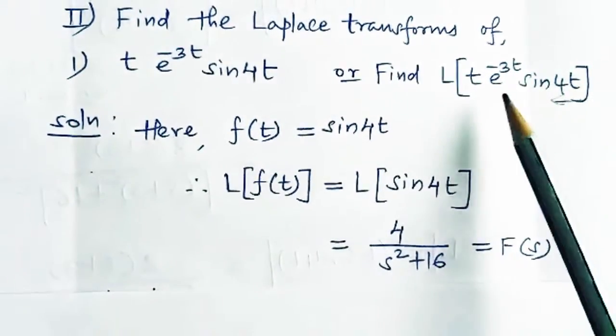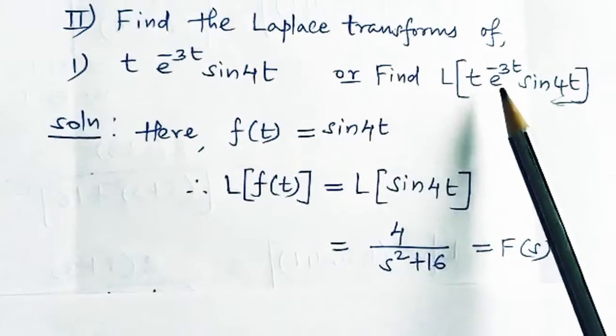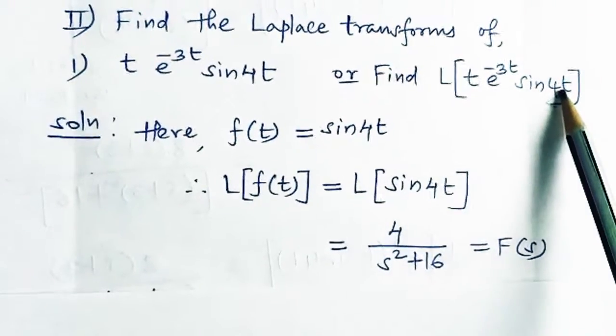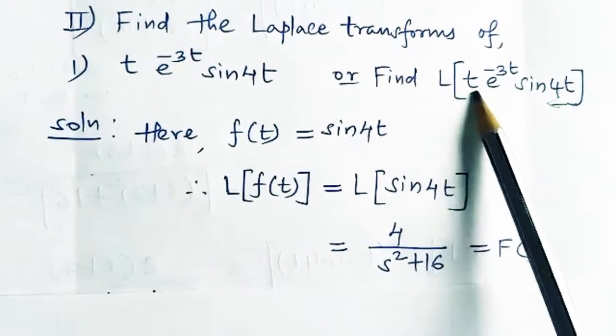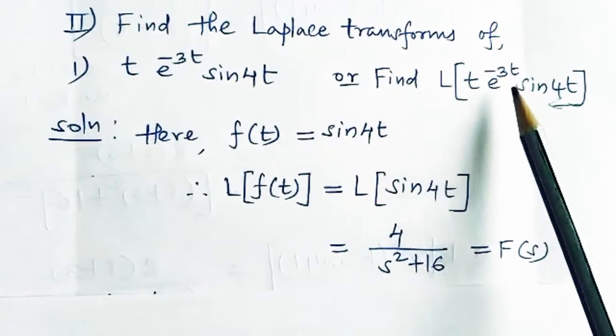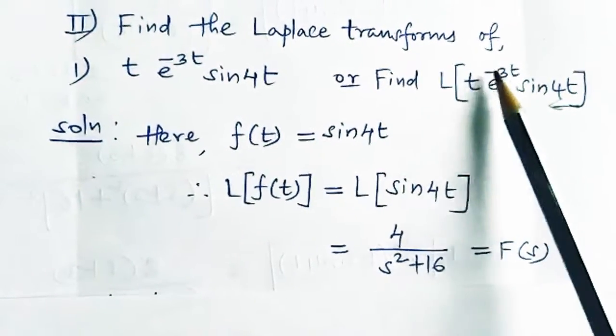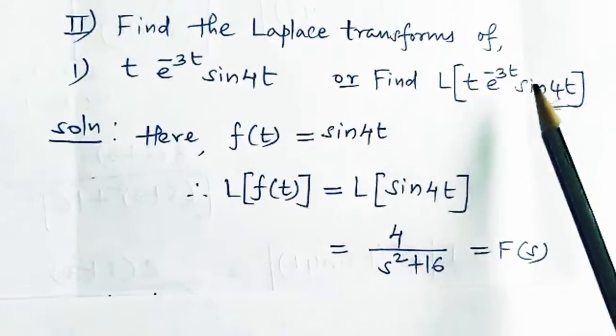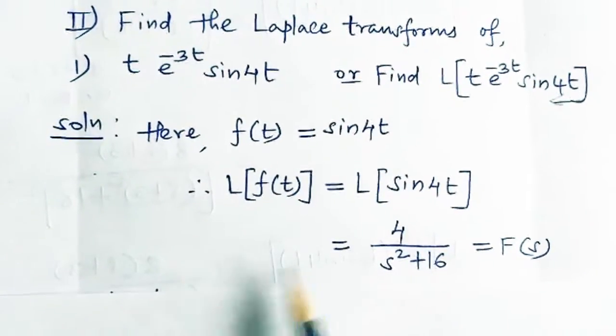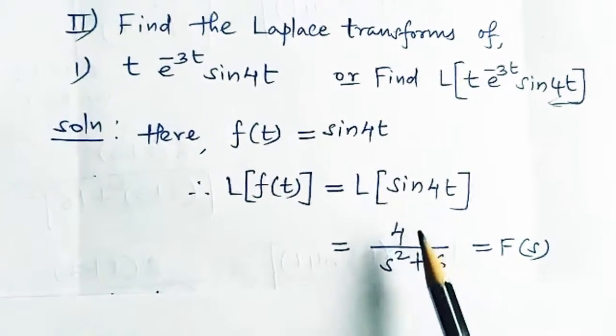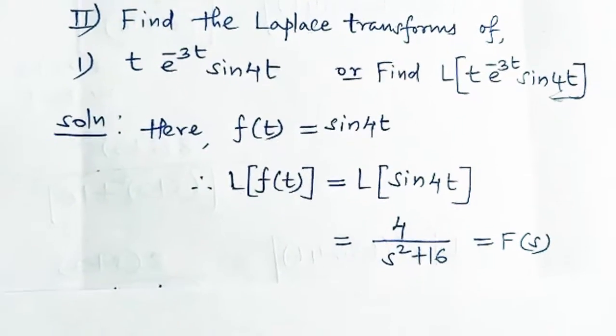But instead of that, we simply make one small change here. After sine of 4t, we will go with t, and then the end result can be modified with the help of e to the power of minus 3t by using the first shifting property. Laplace of sine of 4t we found, that is 4 divided by s square plus 16.